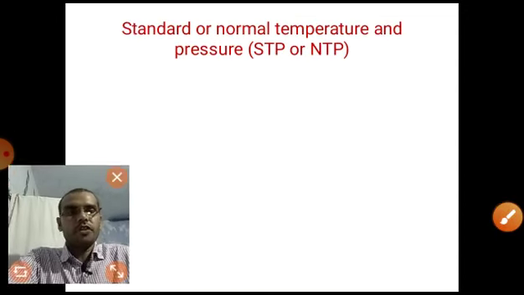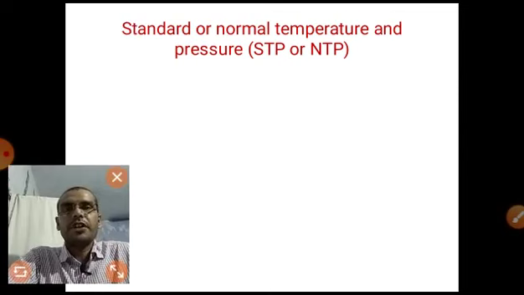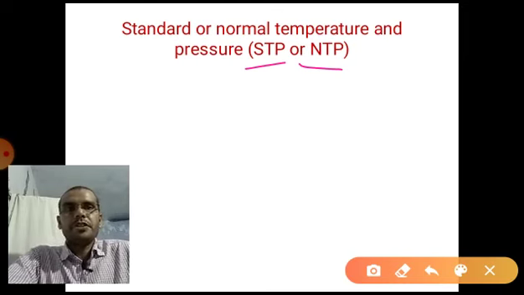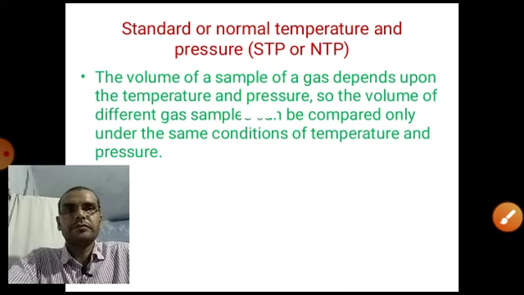Now the next and last topic, standard or normal temperature and pressure. In short form, you can say STP and NTP. STP means standard temperature and pressure, NTP means normal temperature and pressure.